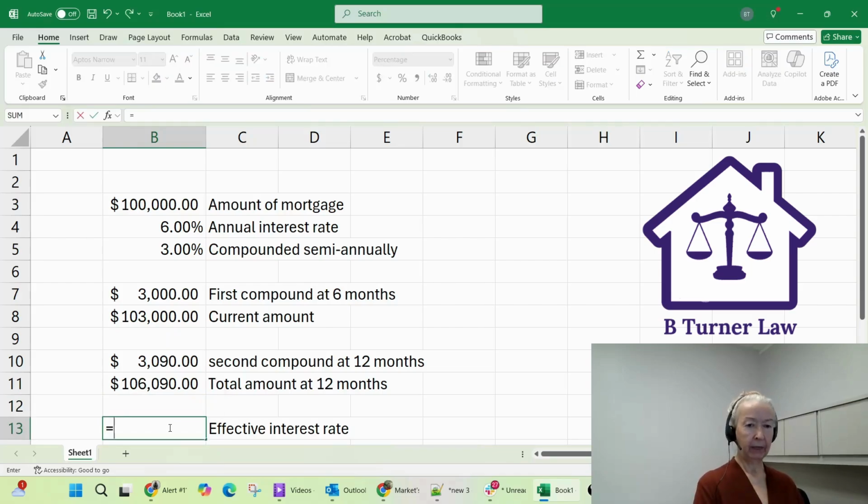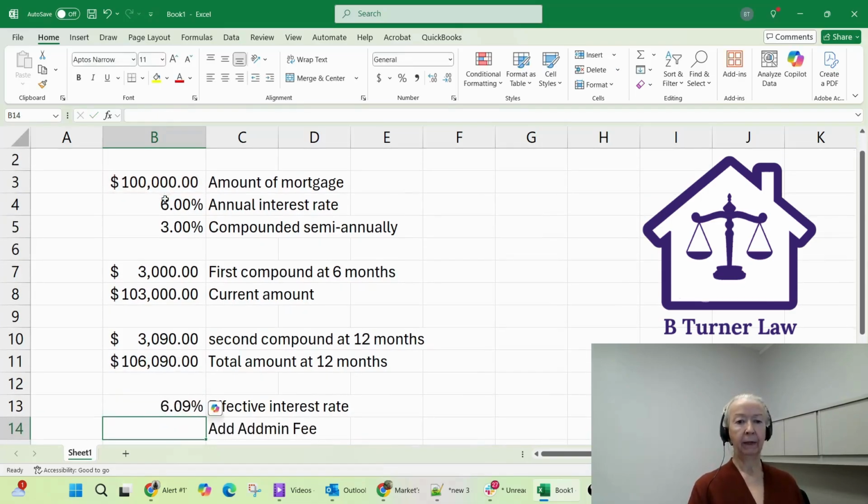The effective interest rate is equal to the amount minus the initial amount divided by the initial amount. So the effective interest rate is almost 1% more in this particular example. And of course, it will matter based on what the annual interest rate is. We'll look at that in a minute. Let's say the annual interest rate is 8%.